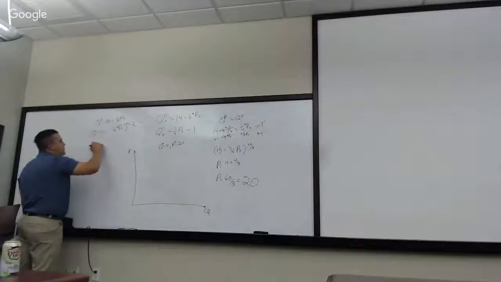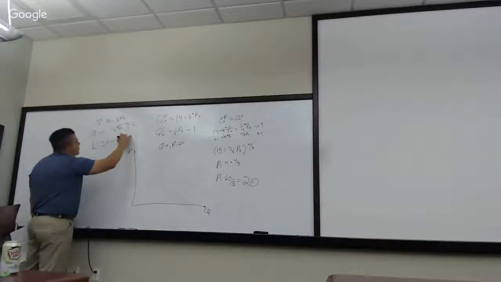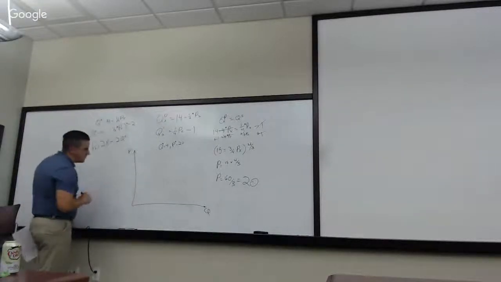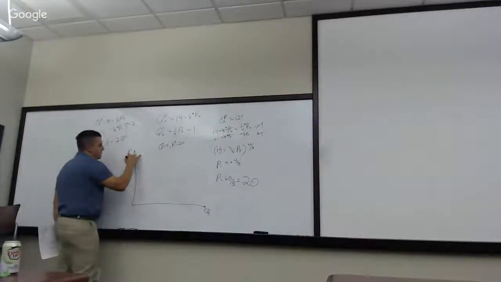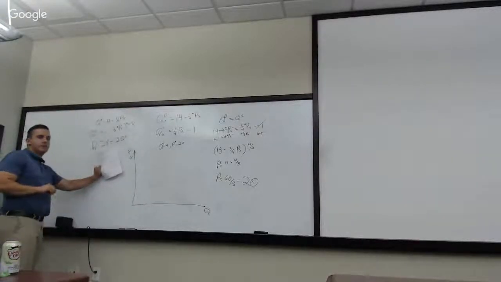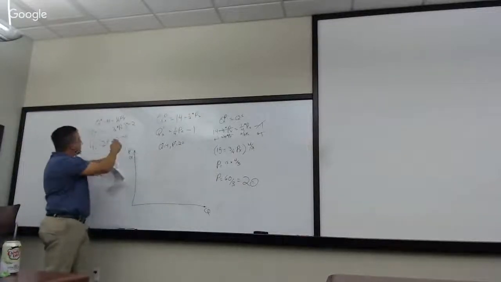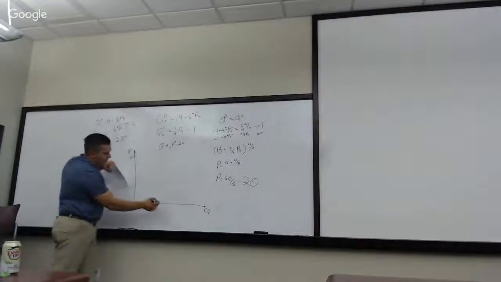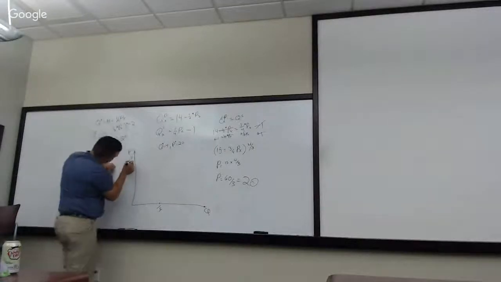What we end up with is the price of X is equal to 28 minus 2Q. So price of X, our intercept, is going to be 28. If our slope is -2, for every 2 we go down, we go over 1. And so for every 2 we go down, we go over 1. Our x-intercept is going to be half of what our y-intercept is. So our x-intercept is going to be 14.